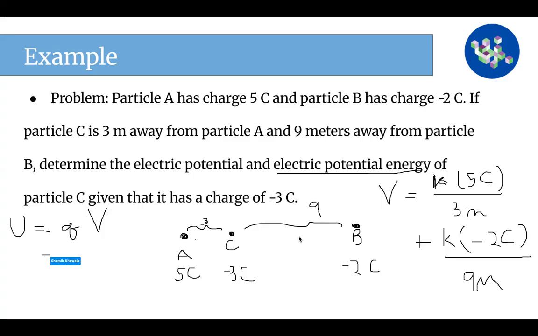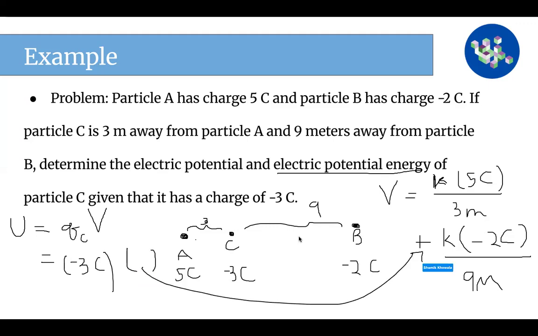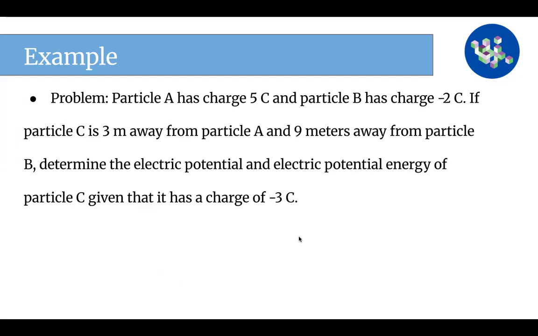So this will just be the charge of C, which is -3 coulombs, times this entire expression. Okay, any questions about that? Okay, next slide.